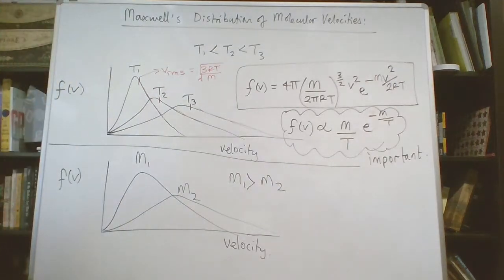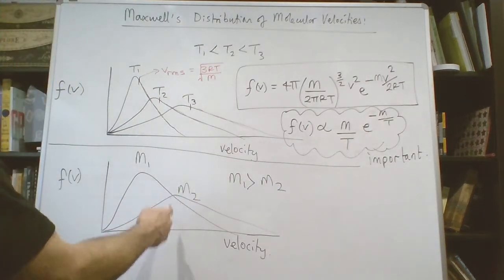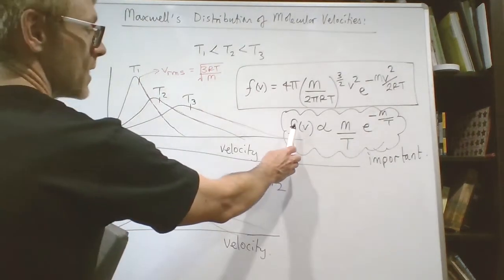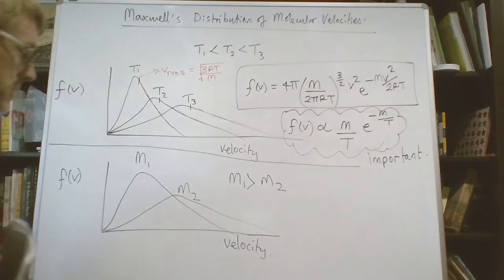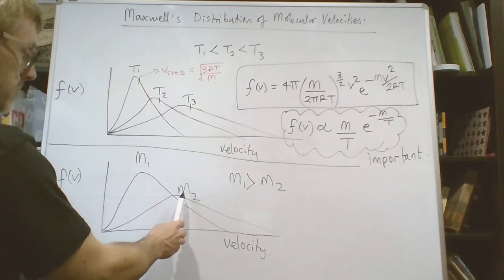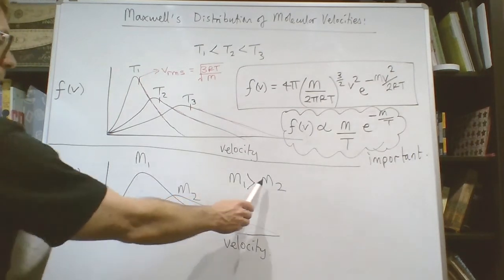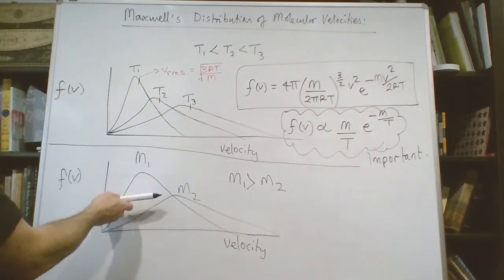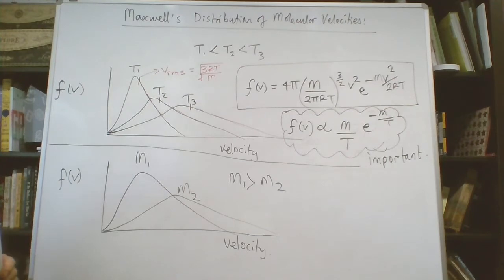Okay, so here we have mass interpretation. The function is proportional to mass. So as the mass increases, from M2 to M1, the function got larger. So that makes sense.